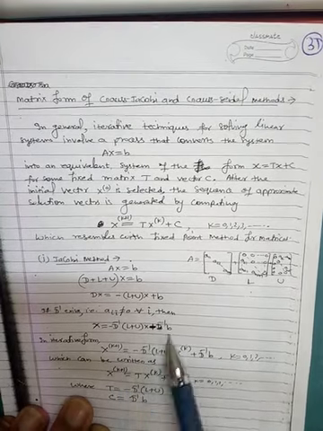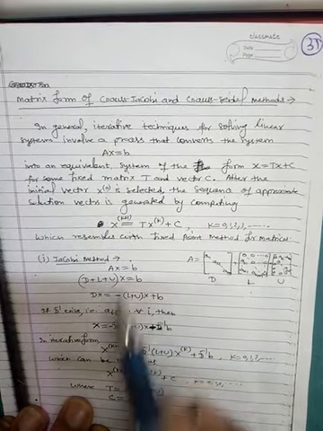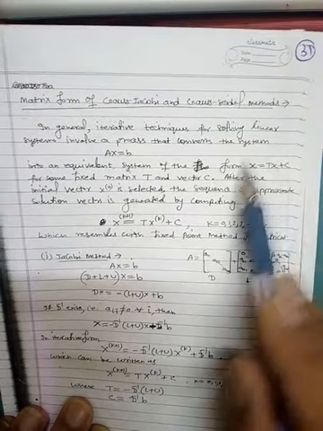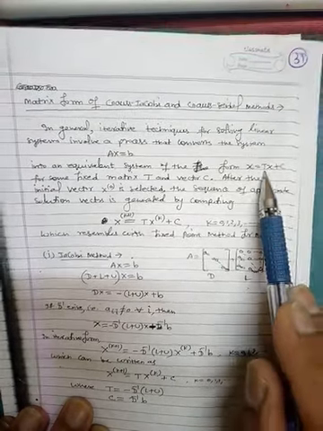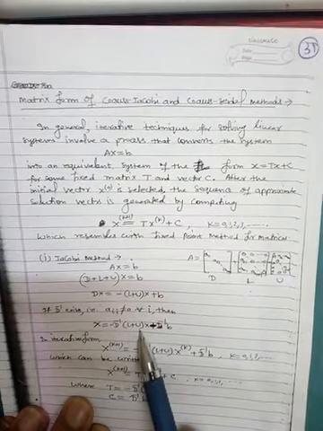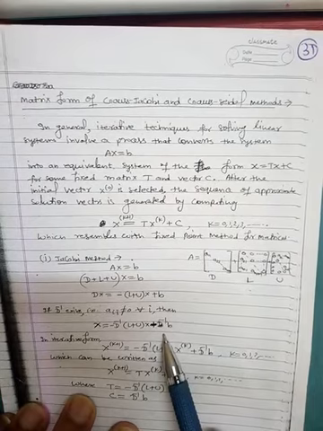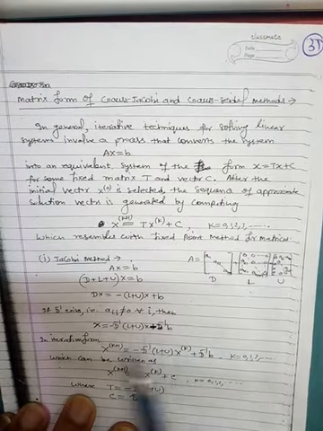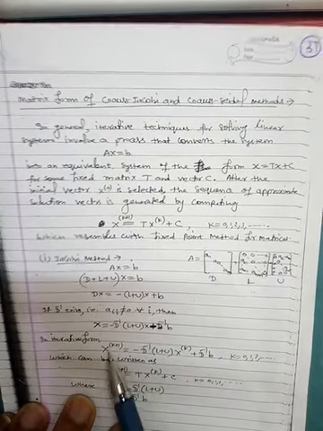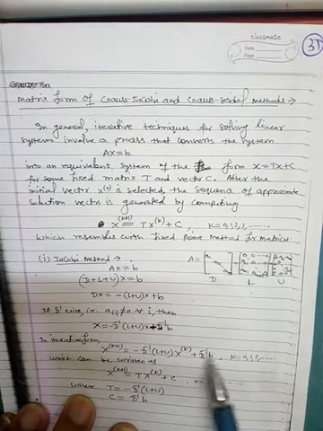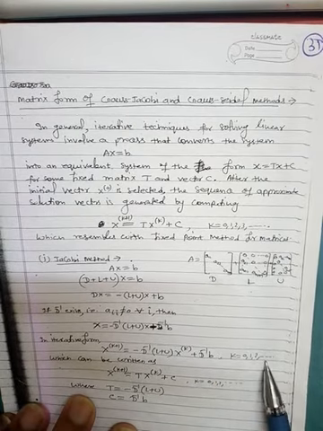So now we have this form, where T is -D^(-1)(L + U) and C is D^(-1)b. In iterative form, this is x^(k+1) = -D^(-1)(L + U)x^(k) + D^(-1)b, where k is 0, 1, 2.